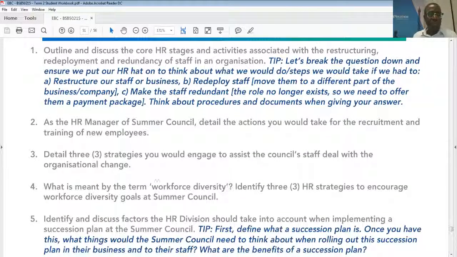What would you do? And so what is meant by the term workforce diversity? Identify 3 HR strategies to encourage workforce diversity goals in the council. So workforce diversity, what does diversity mean?